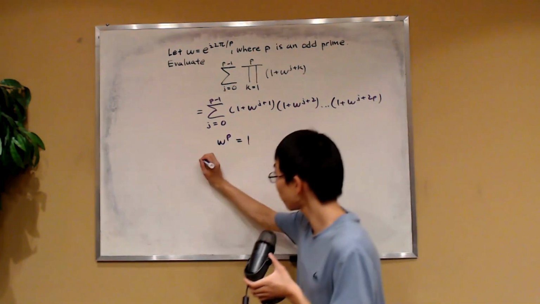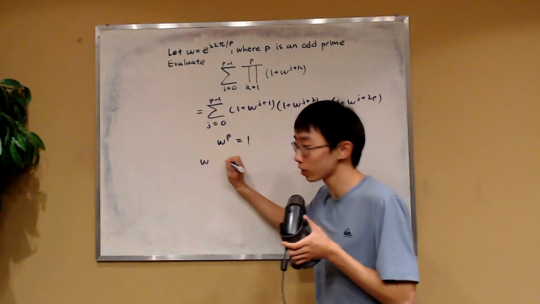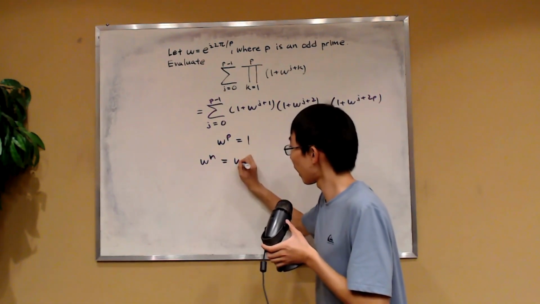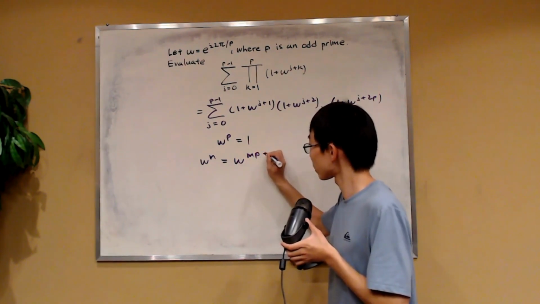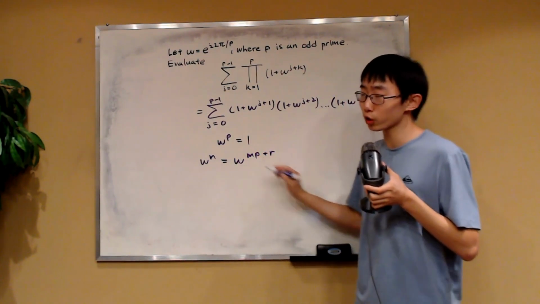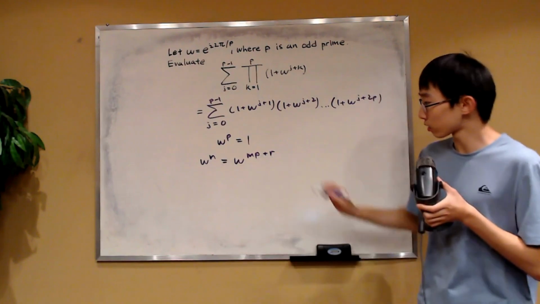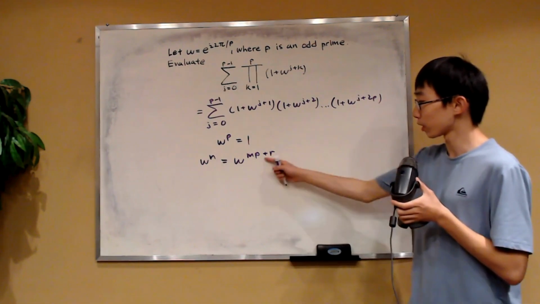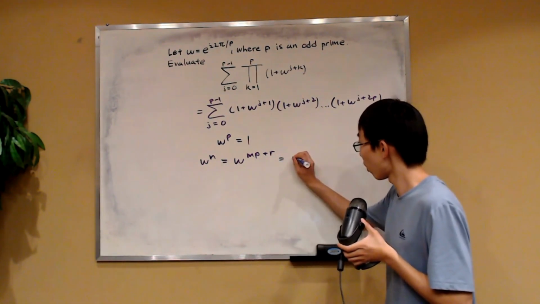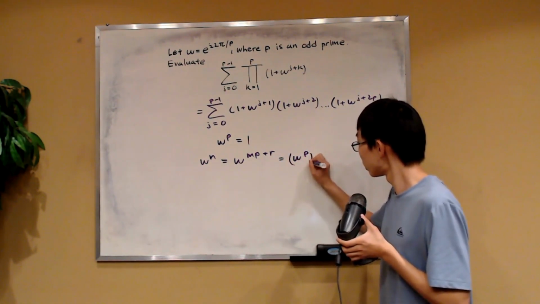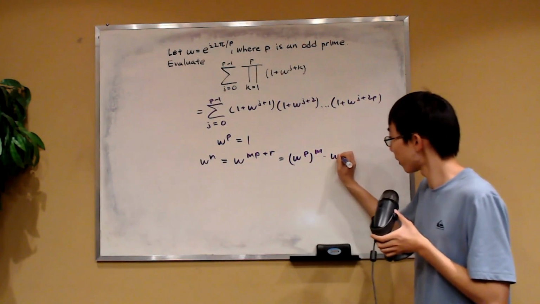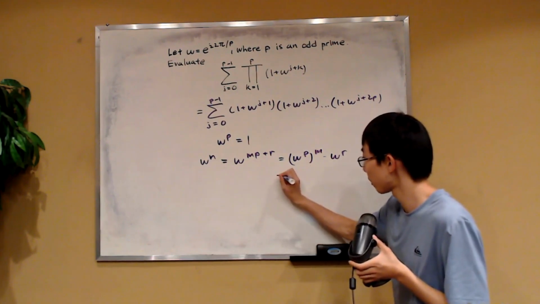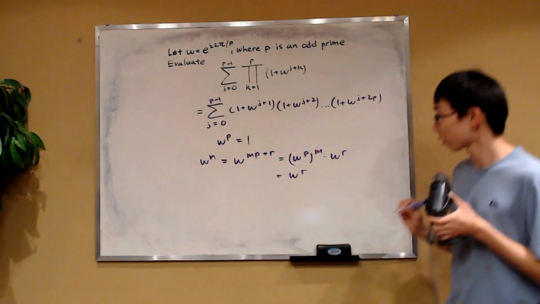If you take the same omega and raise it to some positive integer power, such as n, and then write n as mp plus r, where m is the quotient when you divide n by p, and r is the remainder, then we can write this as omega to the p to the m, and then times omega to the r. And because omega to the p is 1, this expression just becomes omega to the r.